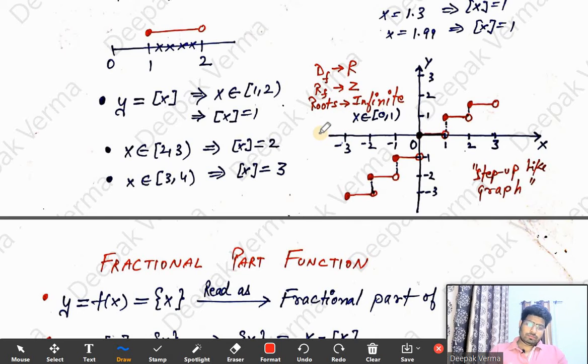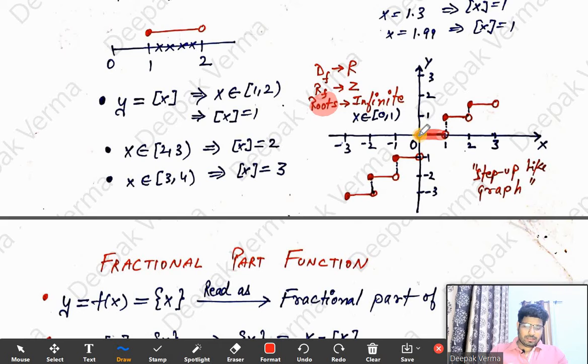And what if I ask you the roots? What about roots? Look at the graph, analyze and tell me. Root is the point where the graph cuts the x-axis. So here we can say the graph overlaps the x-axis between 0 and 1.